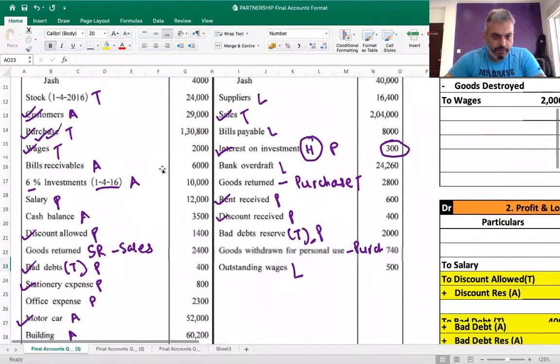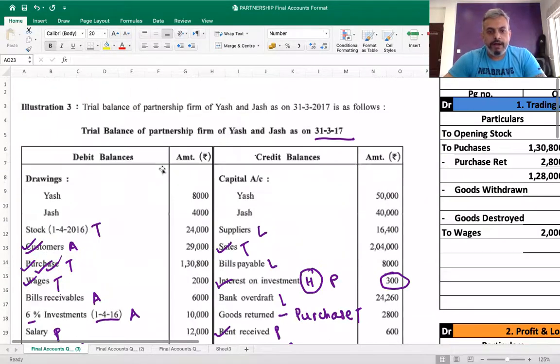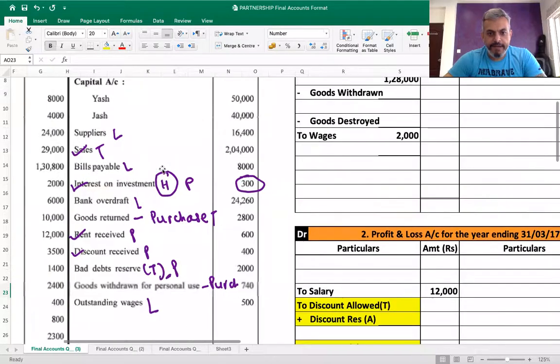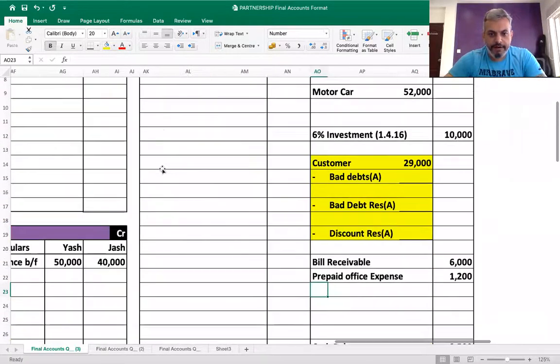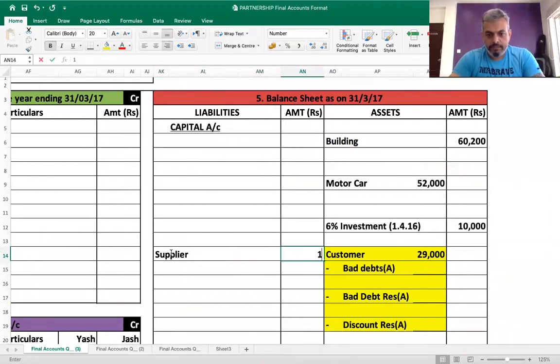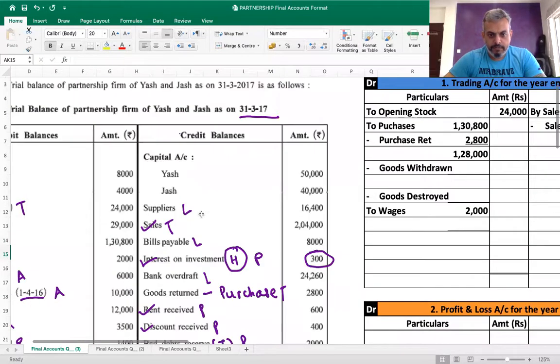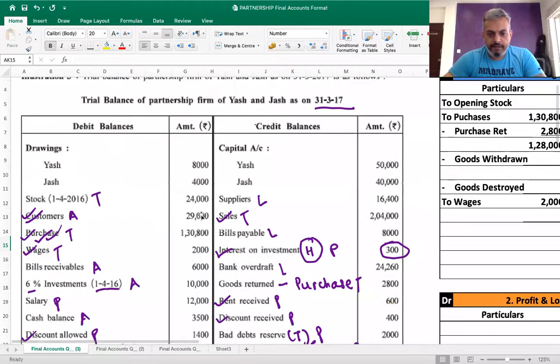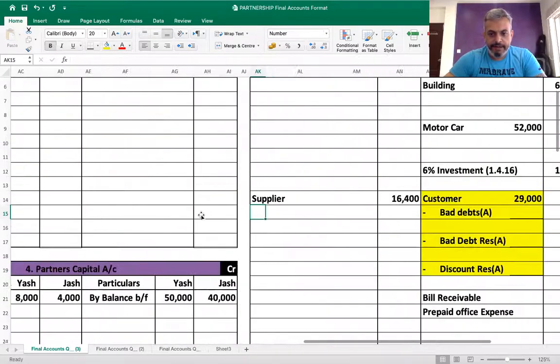Just go through it once. Okay, now capital we have already done. Supply 16,400 balance sheet liability side. Then sales we have already done. Bills payable 8,000.